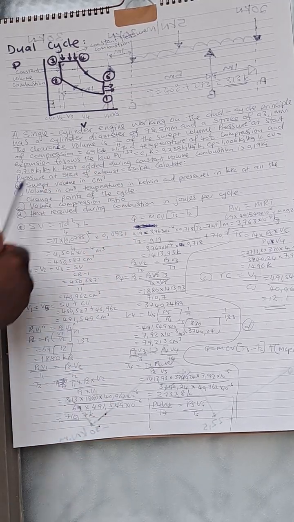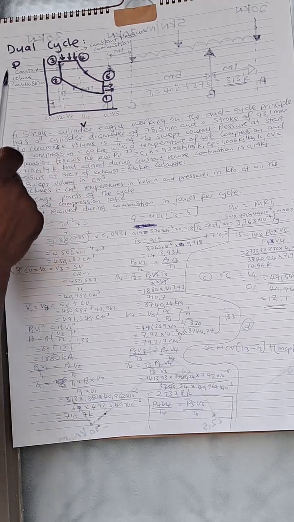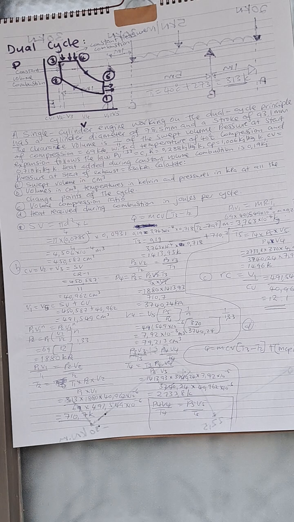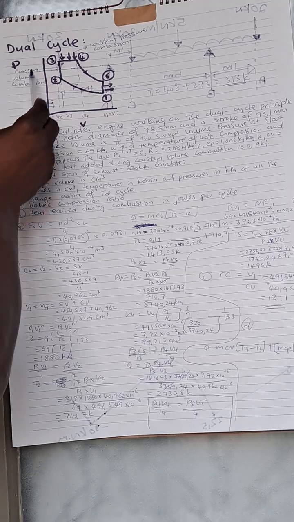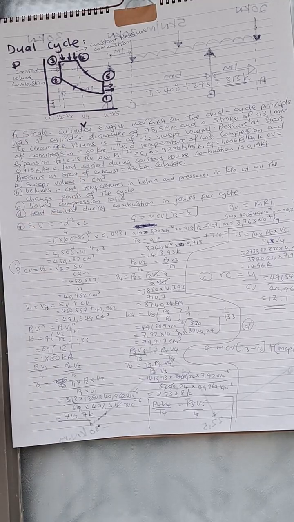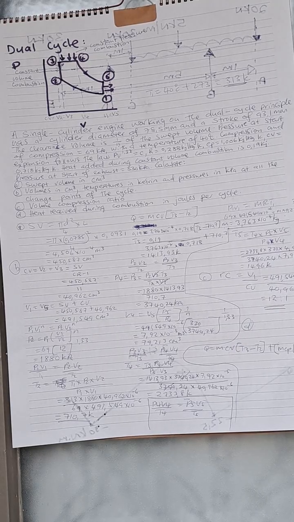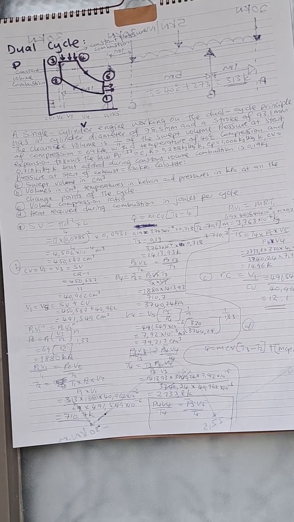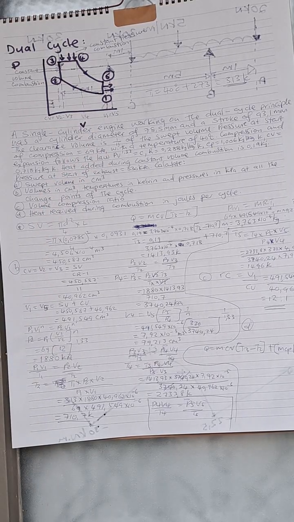Secondly, you must understand how the process operates. The moment they say to you the pressure at the start of the constant volume combustion, you must know that it is P2. If they say the pressure at the start of the expansion stroke, you need to know that it is P4.